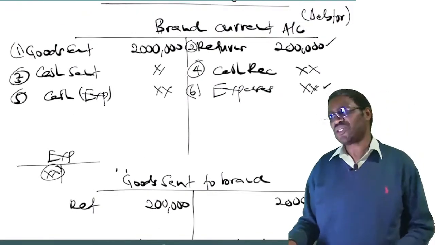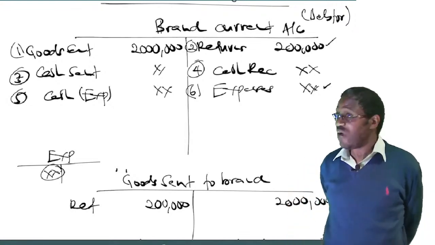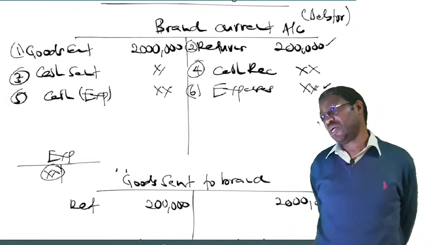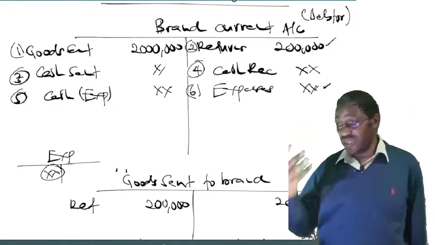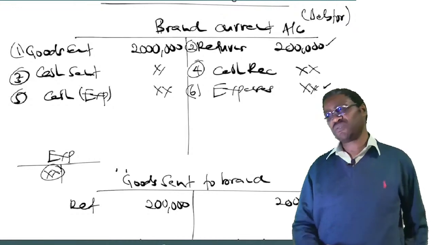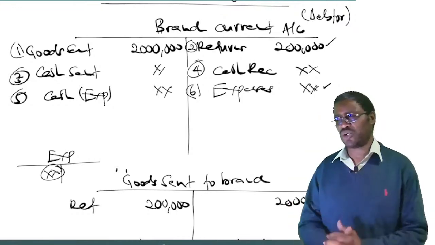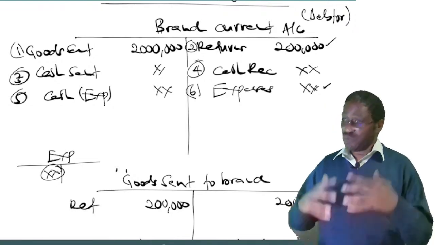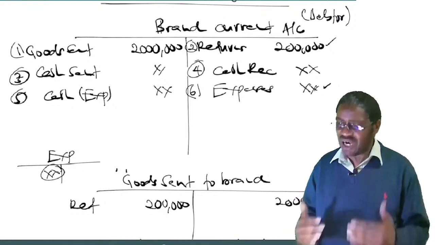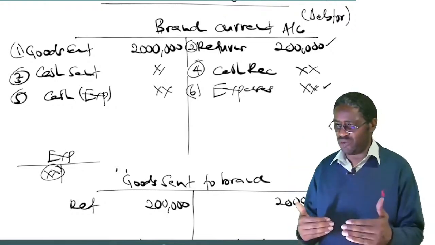Good. Now, for each of these entities, there are 9 transactions which we shall have to look at, to see how to record them, and from there we shall develop the topic. Now listen. Today I just wanted to introduce the topic. I am not through with the other 3 accounting entries in the books of the branch and in the books of the head office.